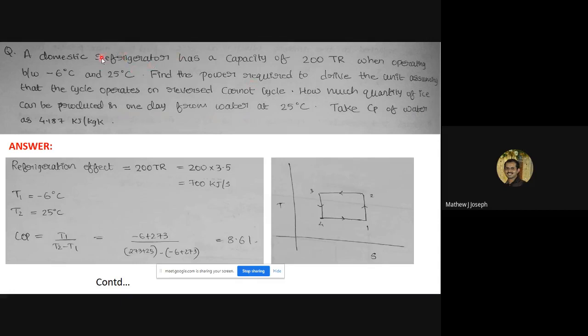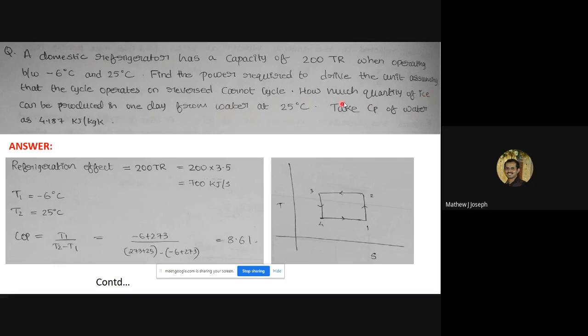So what is given in the question? Suppose we are keeping some water at 25 degrees Celsius, which is normally our room temperature. Suppose we are collecting some water in a reservoir or a pot or some container, and we are keeping it inside our domestic refrigerator. The domestic refrigerator will produce the refrigeration effect and slowly convert this water at 25 degrees Celsius to ice.